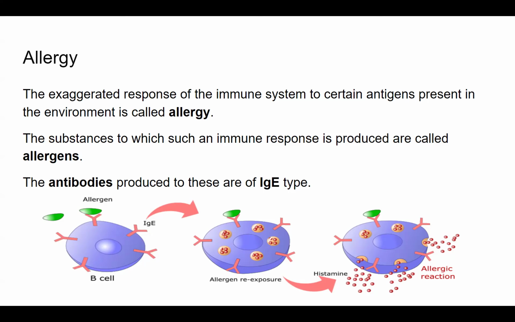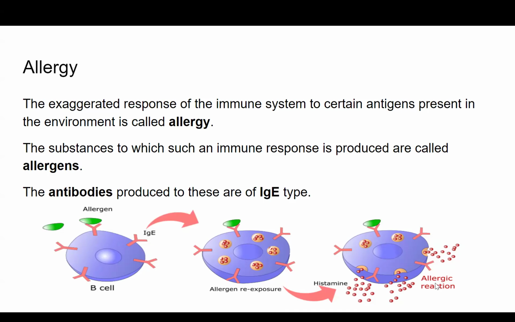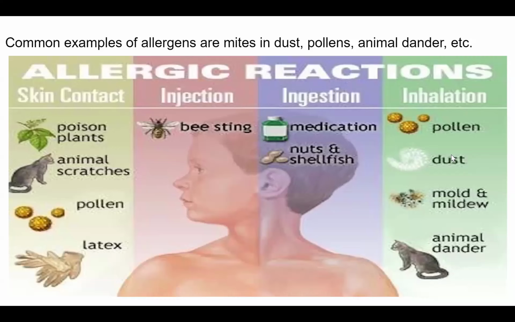Once this IgE starts producing and acting, we will have the histamines being produced, which cause the allergic reactions. So we basically say these are hypersensitive or hyperhistamine diseases, or the allergies that are there.